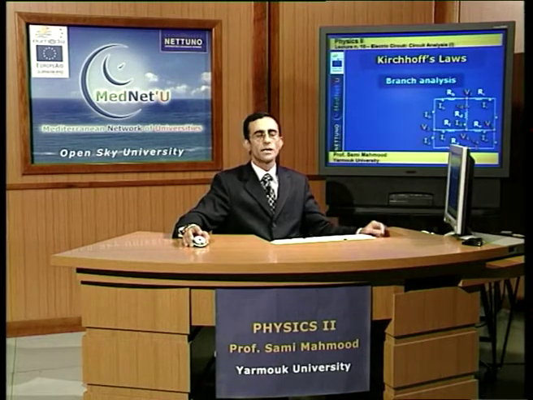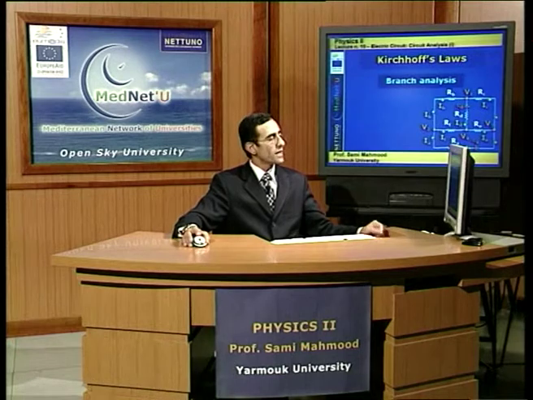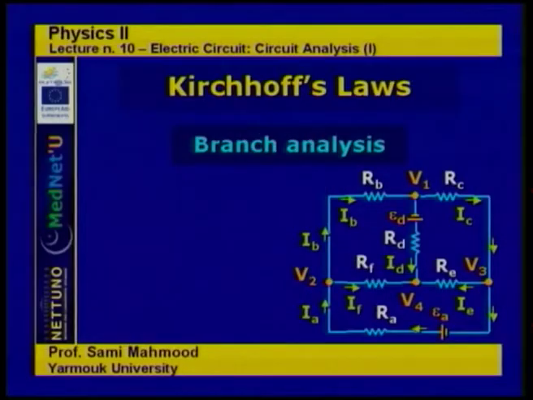Let's take, for an example, this complicated looking circuit where we have 6 branches. The branch called A, that's 1. The branch called B, that is 2. The branch called C, that's 3. The branch called D, that's 4. The branch called E, that's 5.